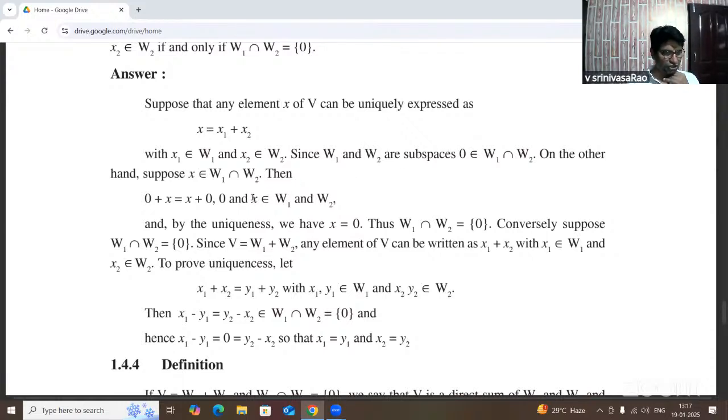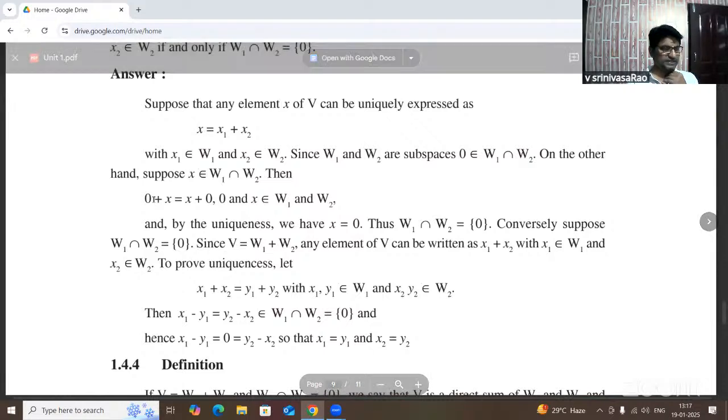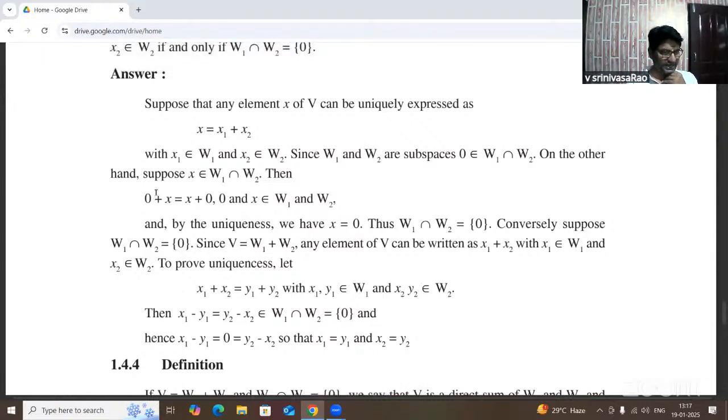Taking 0 plus x, 0 belongs to W1 and x belongs to W2. Suppose x plus 0, x belongs to W1 and 0 belongs to W2. So there is no problem here, and for uniqueness, x equals 0, which means the intersection of the subspaces is generated by 0.